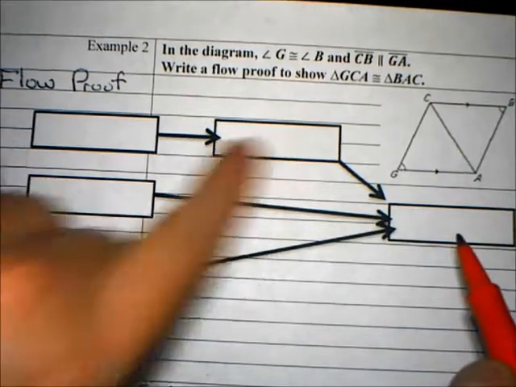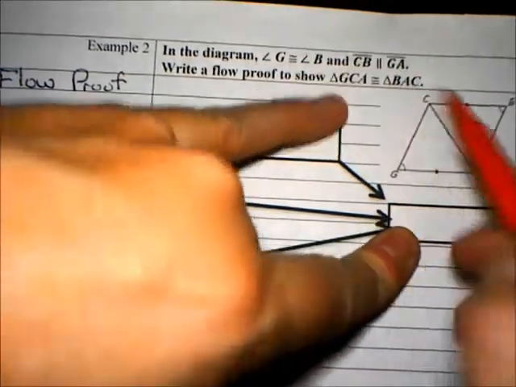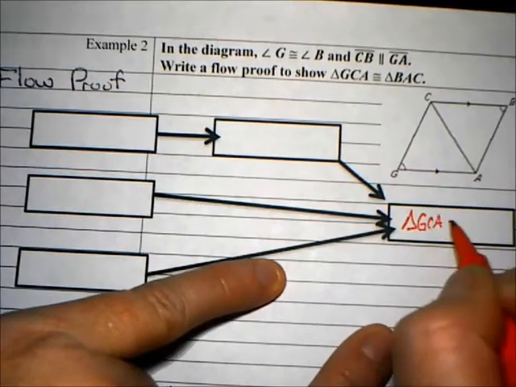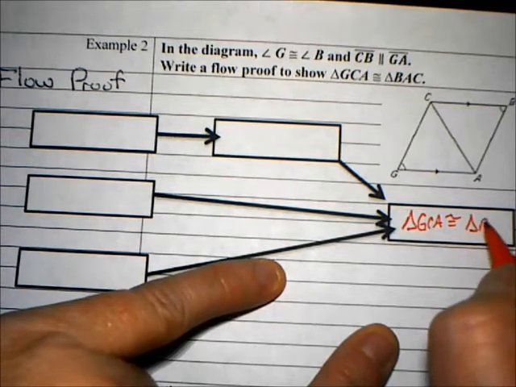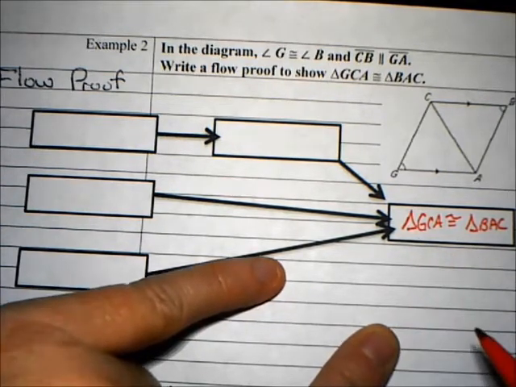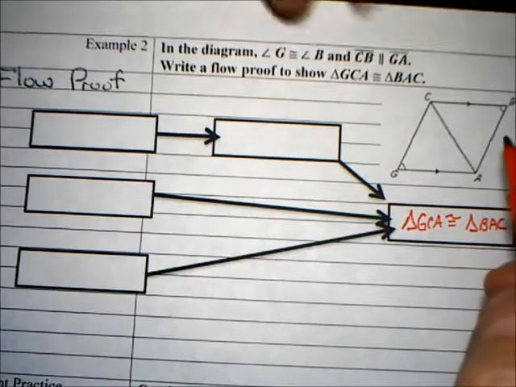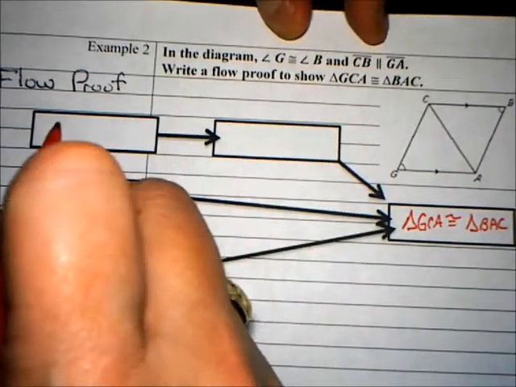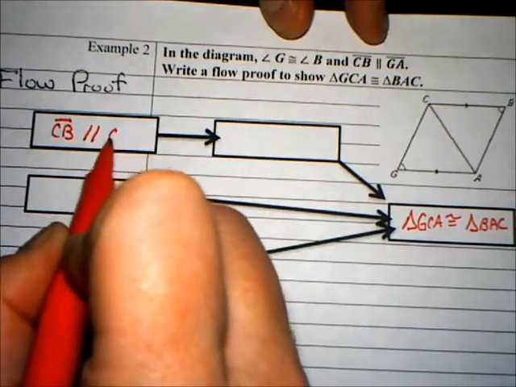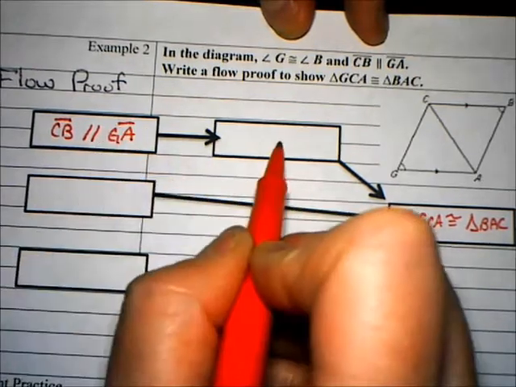The end box of a flow proof is what you have to prove, so you always put that in the end box. And then right below it you say the reasons for these. So I have my givens up here. I'm going to put the parallel one here because I know that with the parallel you have to get something from it.